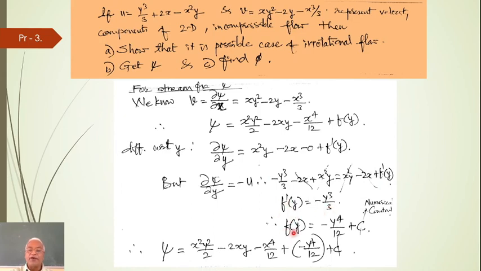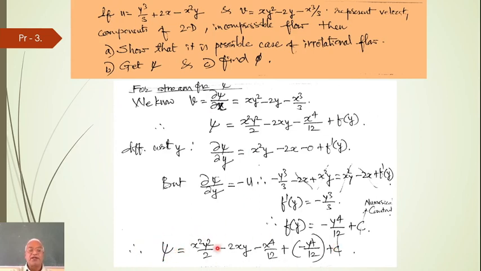So integrate to get f of y, that will be giving you minus y raised to 4 by 12 plus c, numerical constant, but it will always be taken as 0. So you have f of y as minus y raised to 4 by 12. Now this is again put into this so that you will have the full-fledged expression of psi.